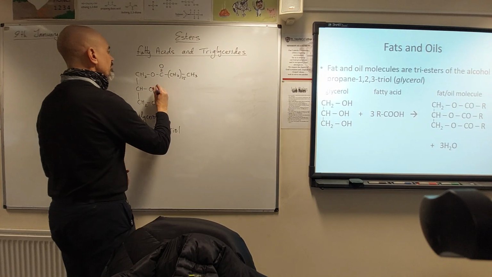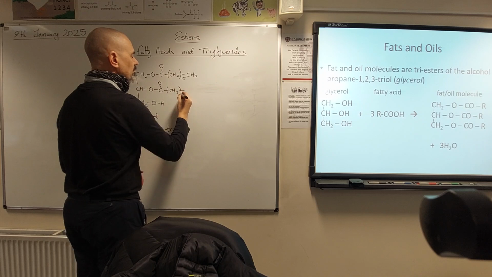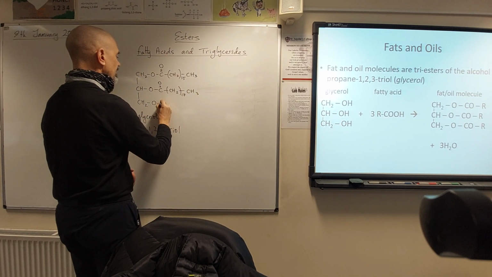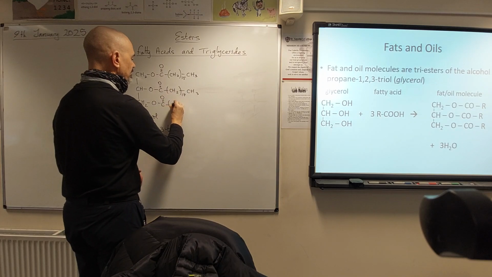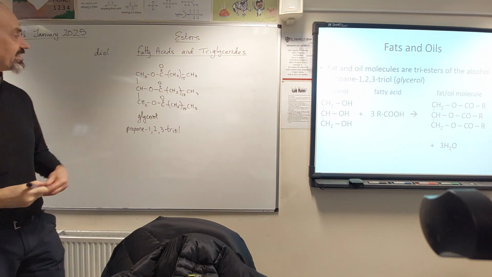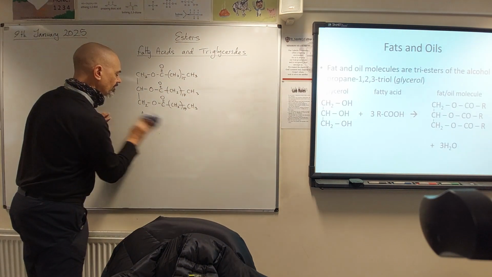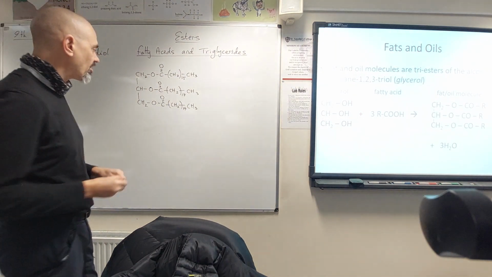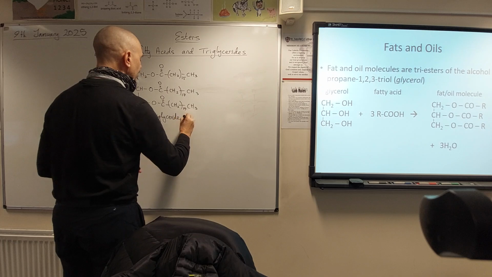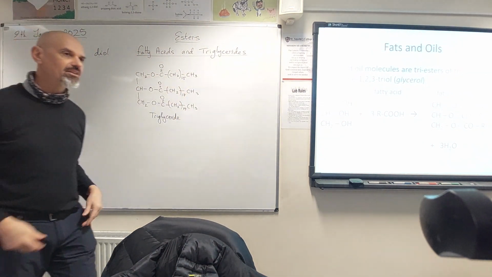And if I do that to all of them, so CO, maybe this one's a different molecule, let's make that a 17, and let's make this one a 19. So we've got some different fatty acids there that have joined onto our glycerol. That is no longer glycerol. We've now made our triglyceride. So triglyceride is a triester made from 3 fatty acids reacting with glycerol.